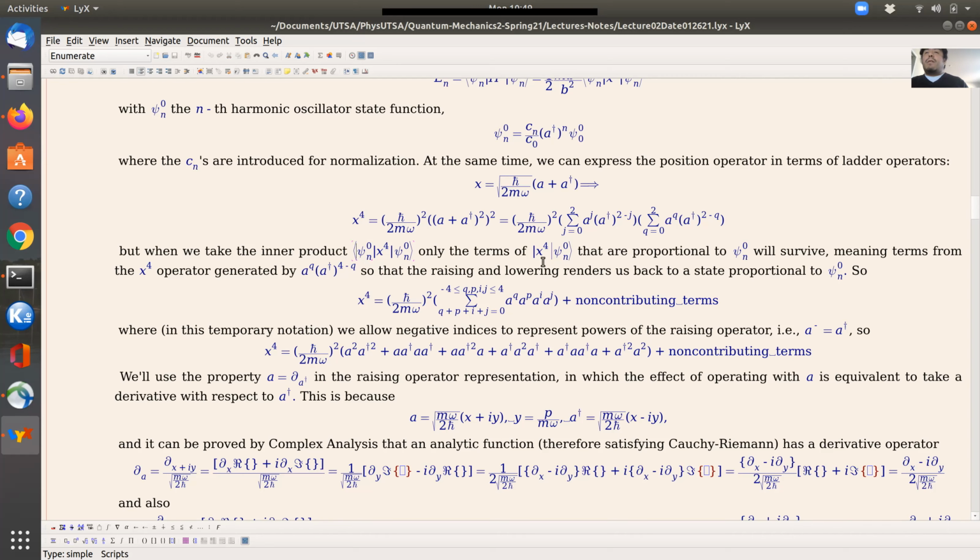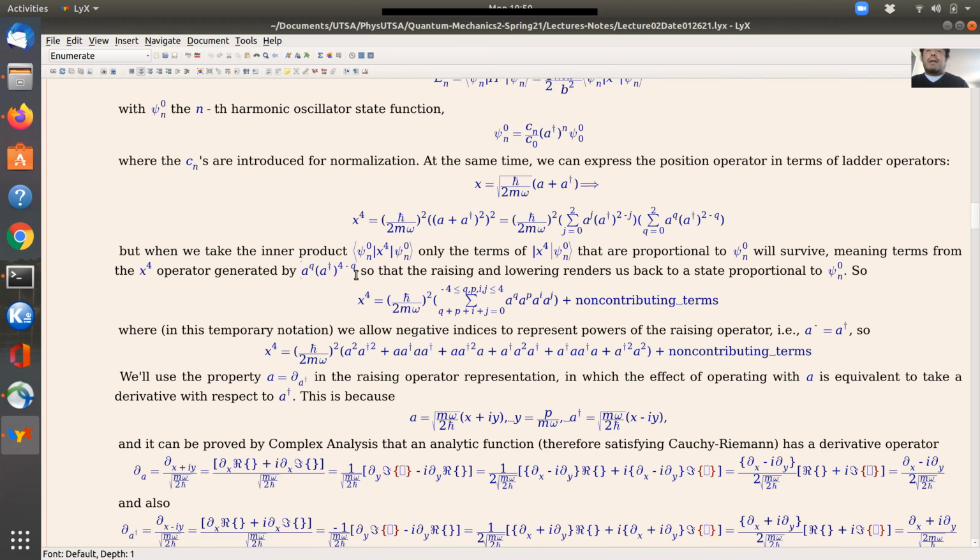So again, only the terms in x to the fourth applied to the n state that are proportional to the n state will survive. The terms from the x fourth operator that survive are generated by a to the q times a dagger to the 4 minus q.